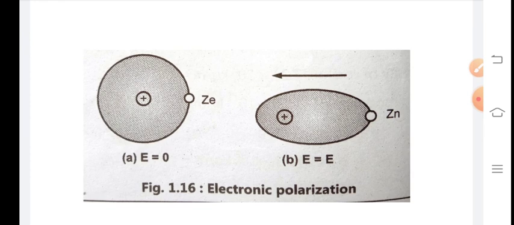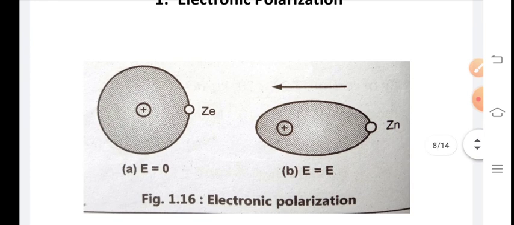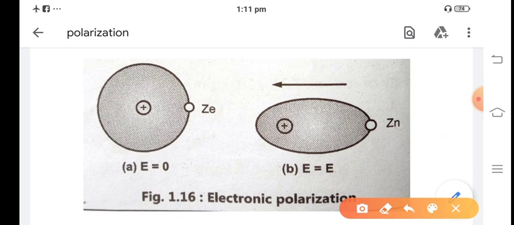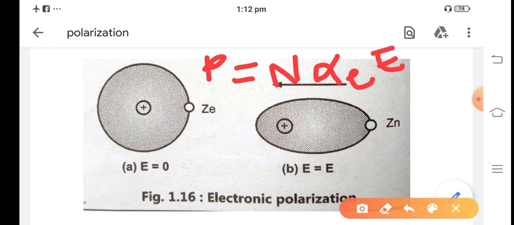The electronic polarization is independent of temperature, and it is given by Pe is equal to N alpha e into E. Here Pe is the electronic polarization, alpha e is the electronic polarizability, N is the number of dipoles, and E is the applied electric field.